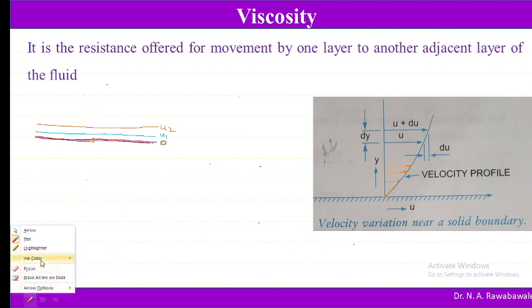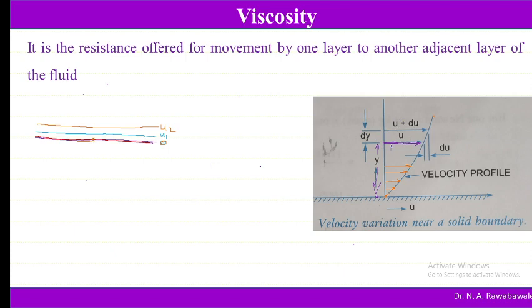Now we can see one thing: the layer considered at a distance y from this surface is moving at velocity u. Another layer, very close to this layer at a small distance dy, is moving at a velocity higher than the first layer.